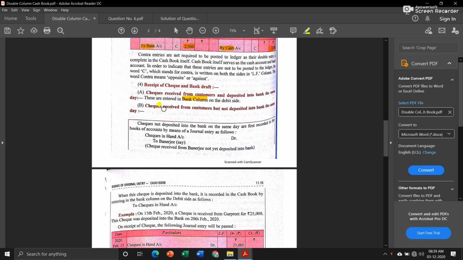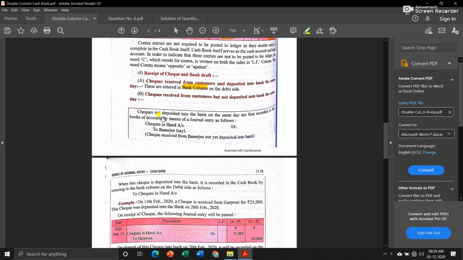Now another case is when we receive a check from a customer but we haven't deposited it into the bank the same day. At that time, earlier in the journal chapter, what we saw is that when we keep checks in our hand, we used to pass a journal entry. So the journal entry was checks in hand account debited to Banerjee, taking the example that we received a check from Mr. Banerjee.